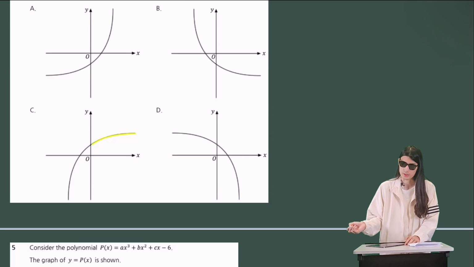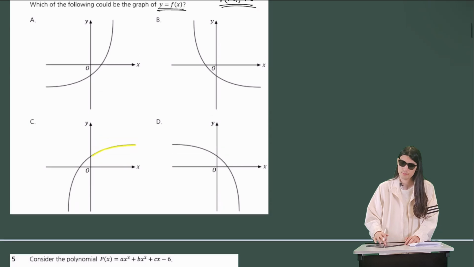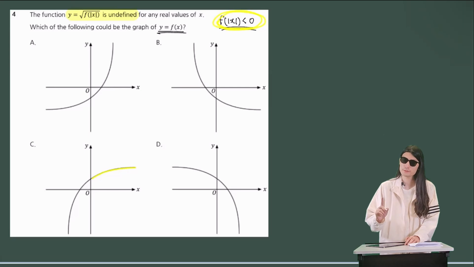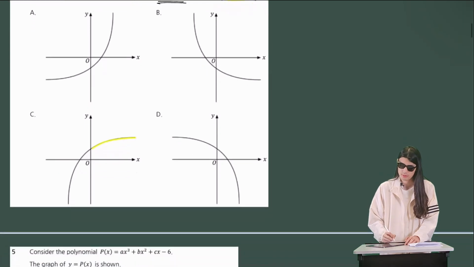That's in the first quadrant. Now, if the graph of f of x exists in the first quadrant, then the graph of f of absolute value of x would exist in the first and the second quadrant, wouldn't it?